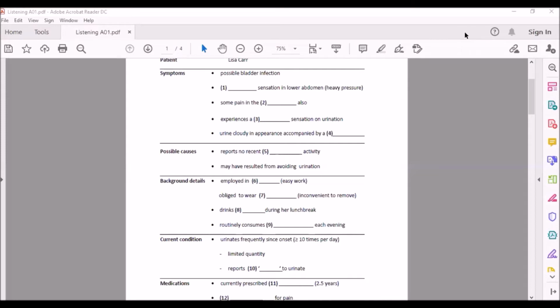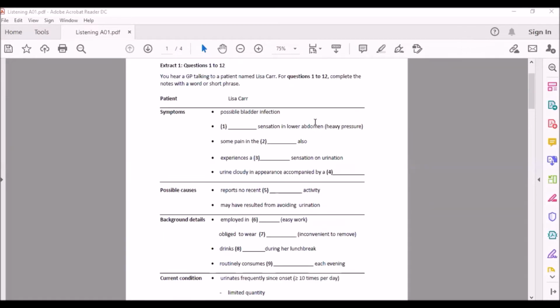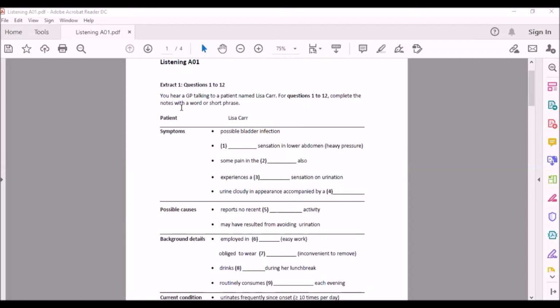So you have 2 recordings. Today we are going to do one of them, and each recording has 12 gaps. Now let's read the introduction here. You hear a GP talking to a patient, namely Saka.